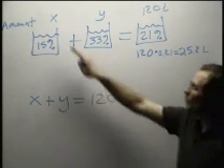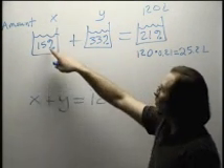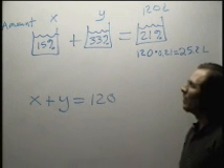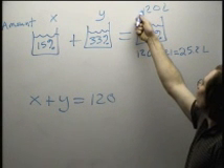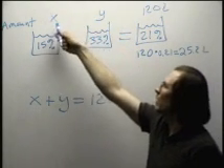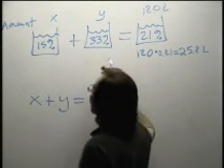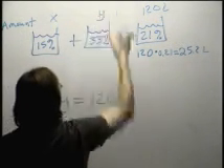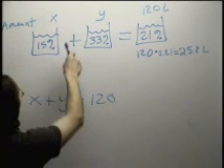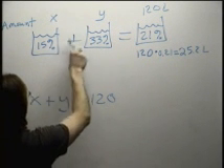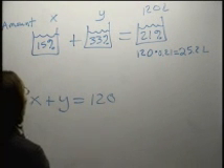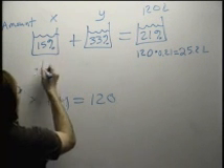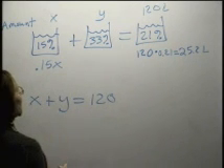I can do the same thing for both of these to find out the amount of acid in each one of these. The only difference is I knew this one was 120 liters. I don't know these amounts, but it doesn't matter because I have these variables acting as substitutes for those amounts. The amount of acid in this is going to be the amount of liquid, x, multiplied by the 15%. So 0.15x.